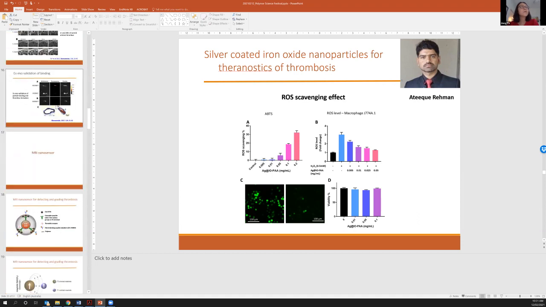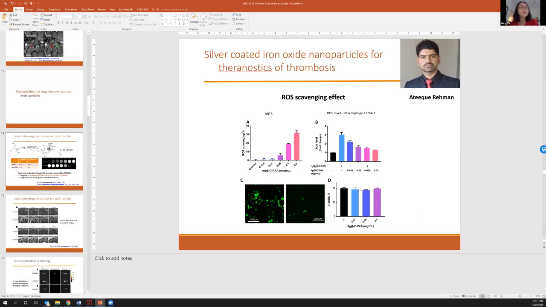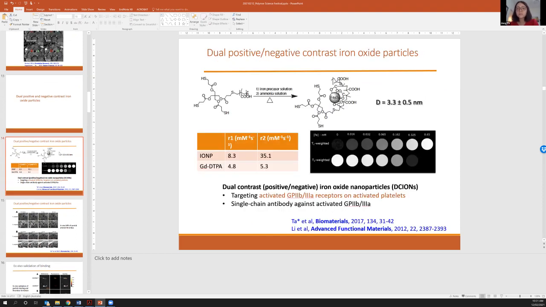For example, for iron oxide nanoparticles, if we want to have the dual contrast, we need to go to a very small size. Here we have 3.3 nanometers, so this one can have both positive and negative contrast. But if we go to a larger size, like about 50 nanometers, we will not be able to have the bright or T1 contrast. We only have negative contrast, not positive contrast. So the size does have an effect on the properties, and it depends on the functionality that we need to tune the size.